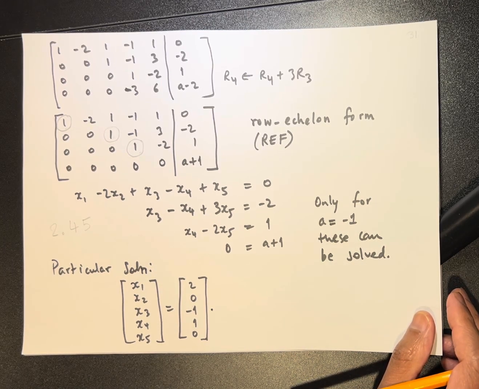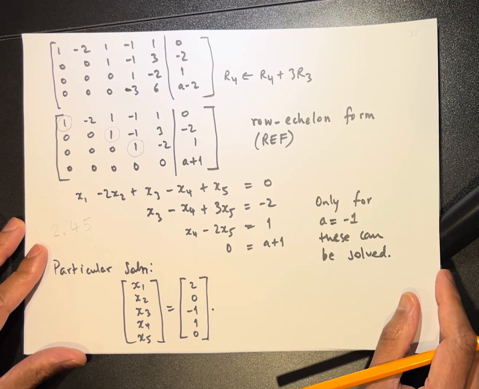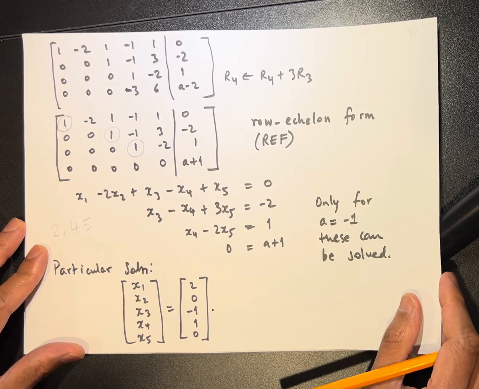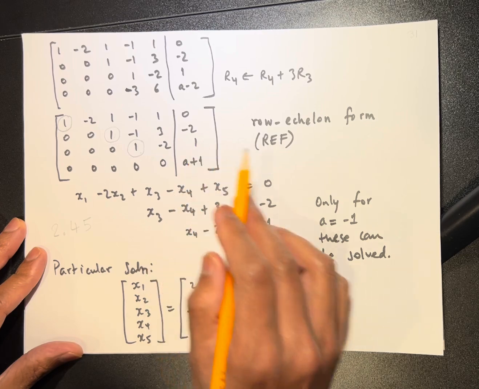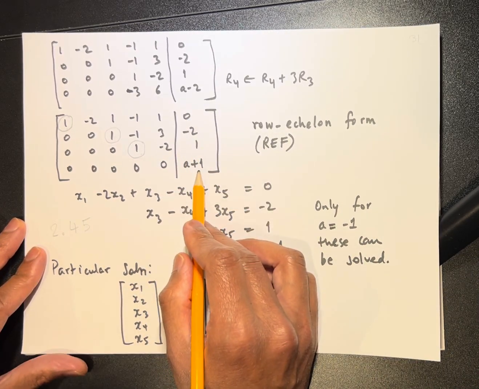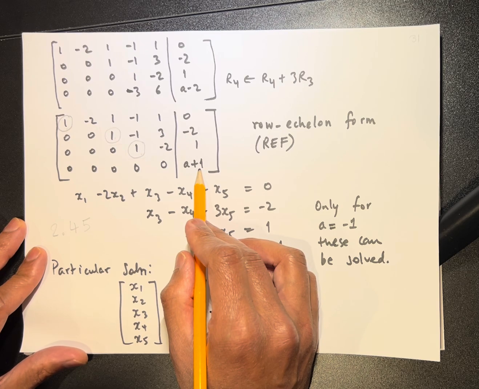Row echelon form makes our lives easier when we need to determine a particular solution. To do this, we express the right hand side of the equation system using the pivot columns, such that b equals the summation of lambda i times p i, where p i are the pivot columns.